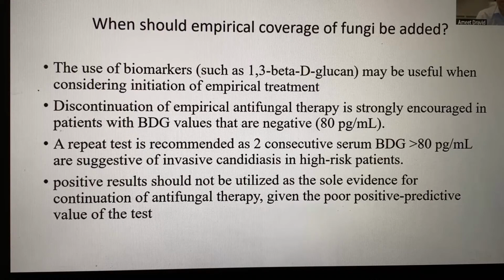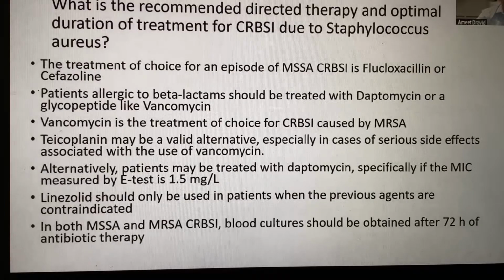On the other hand, if the BDG is negative and less than 80, it more or less rules out candidemia, and discontinuation of empirical antifungal therapy is strongly encouraged. So although it does not have good positive predictive value, it definitely has a good negative predictive value, and if the BDG is less than 80, we can stop antifungal therapy.